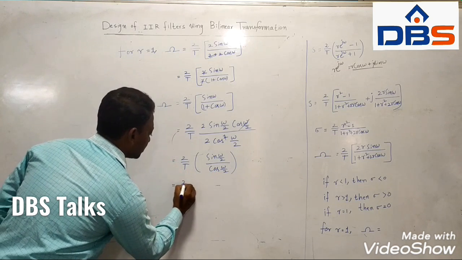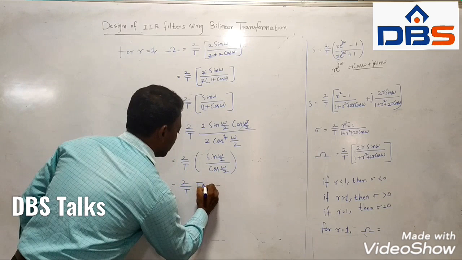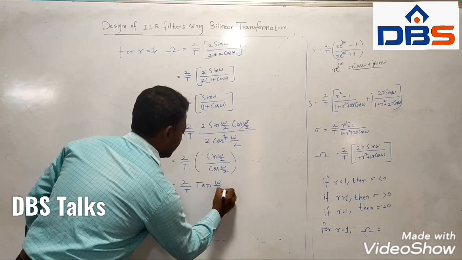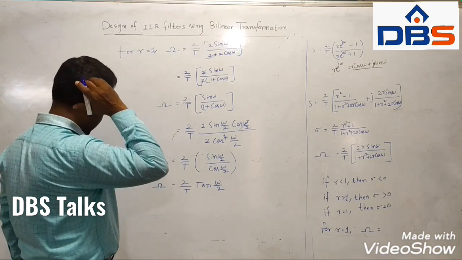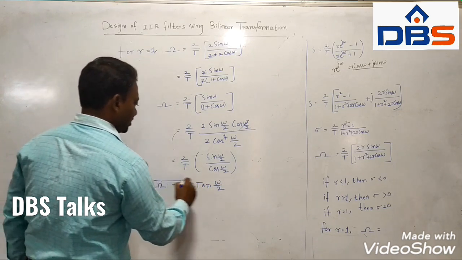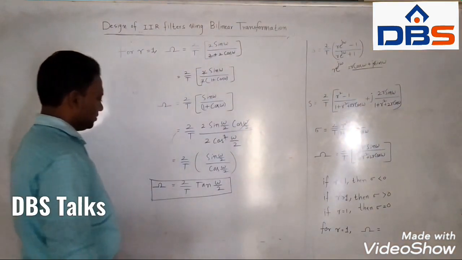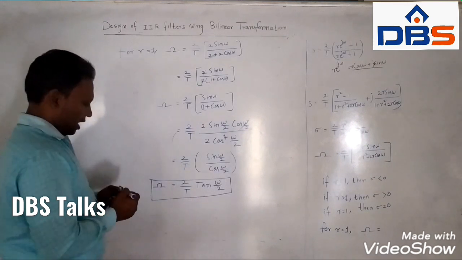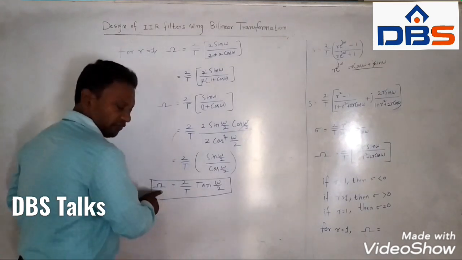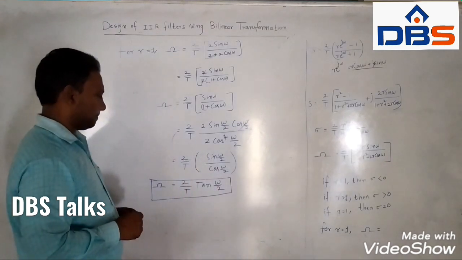So it is 2 by T tan omega by 2. So this is the relation between the analog frequency and the digital frequency omega.